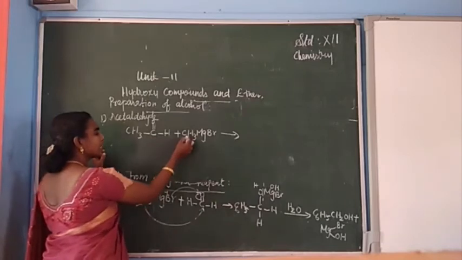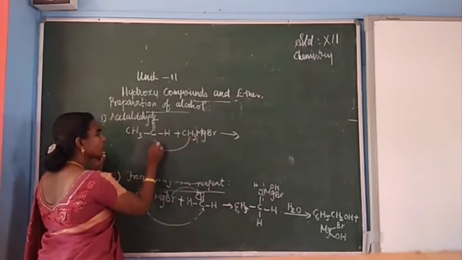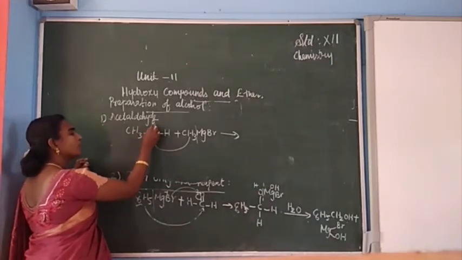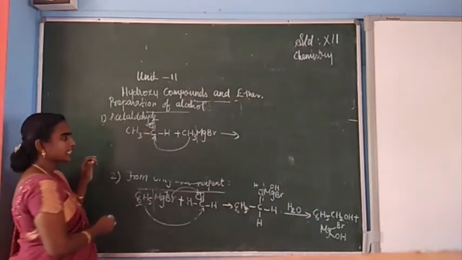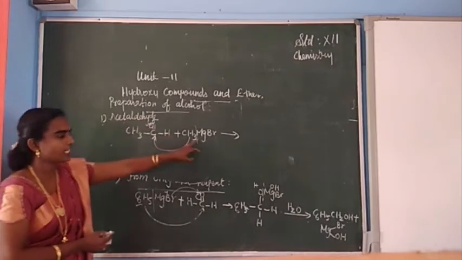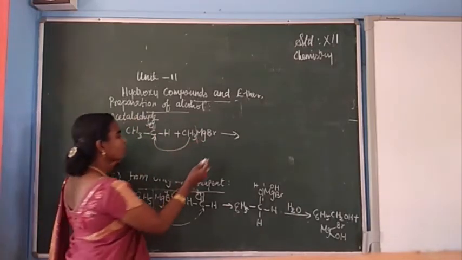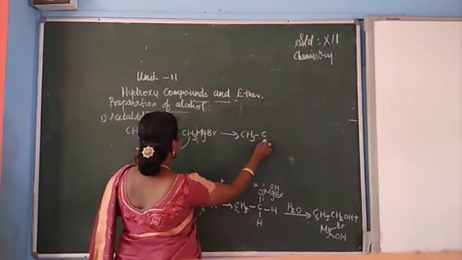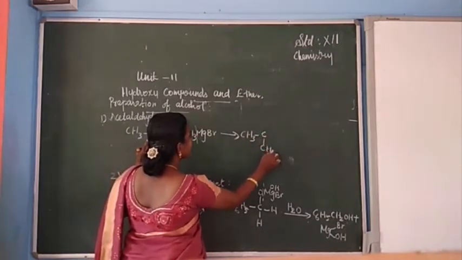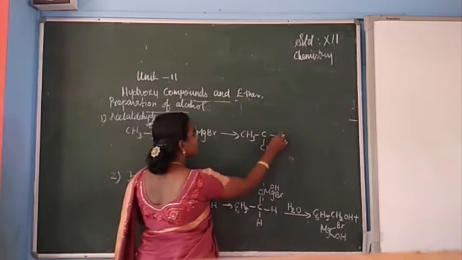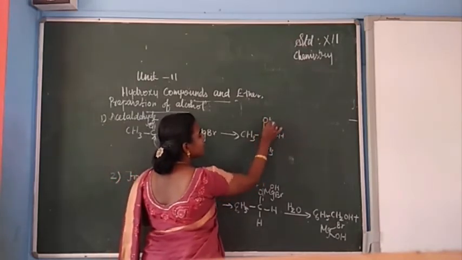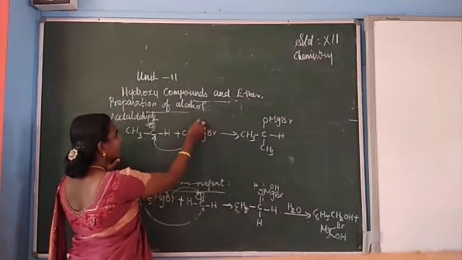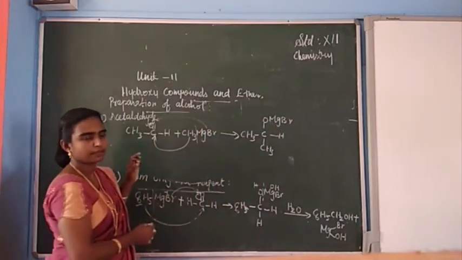When this methyl group substitutes on this carbon, the bond moves in this direction, then oxygen will get MgBr. So the compound is CH3, C, here CH3, here H, and here we are getting OMgBr. This MgBr is substituted near this oxygen atom.